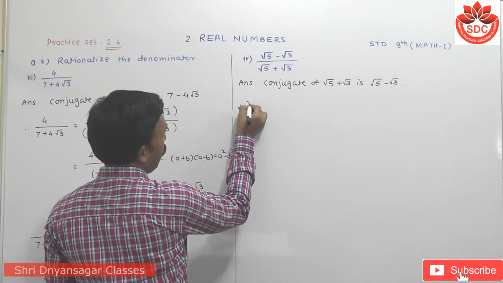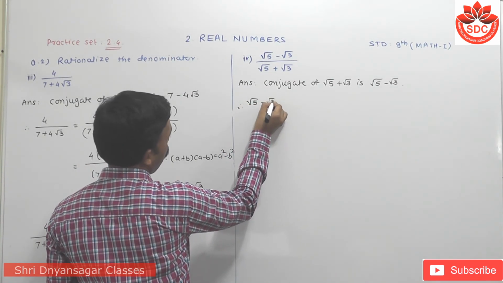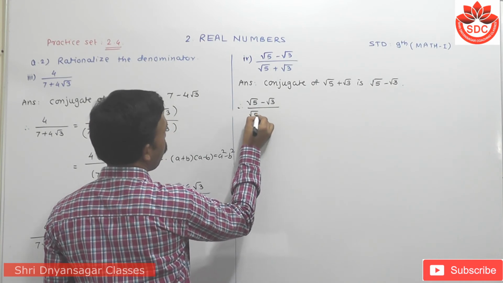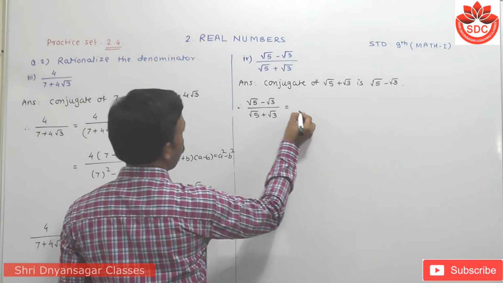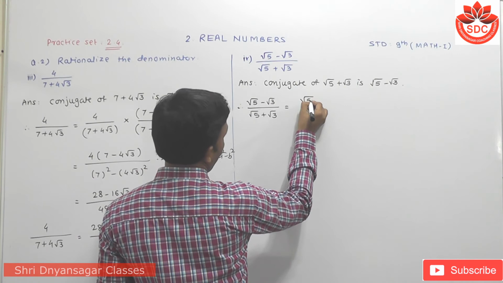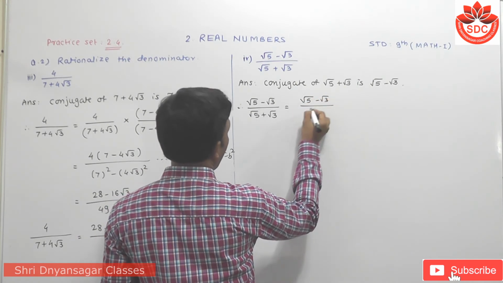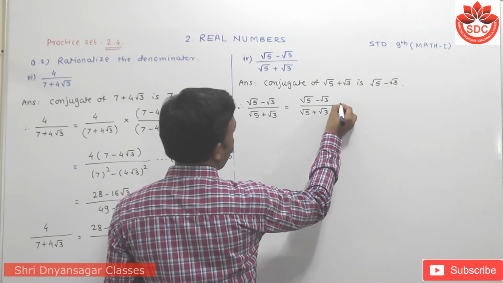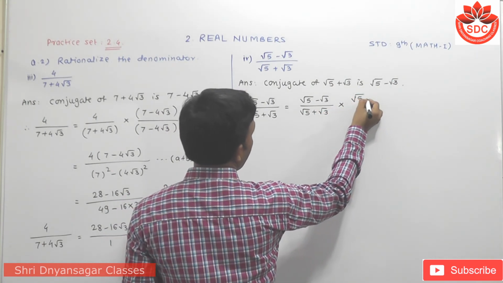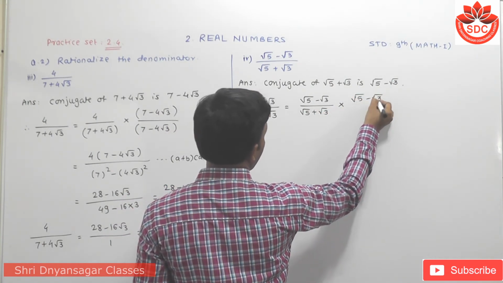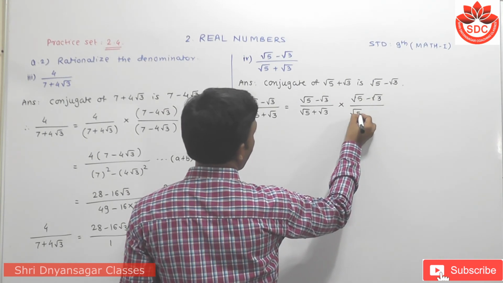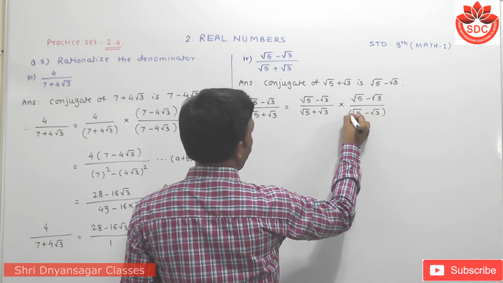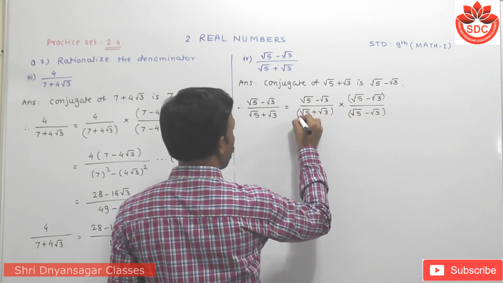We get, therefore, root of 5 minus root of 3 upon root of 5 plus root of 3 is equal to, first I will write root of 5 minus root of 3 upon root of 5 plus root of 3, into multiply its rationalizing factor, root 5 minus root 3 upon root 5 minus root 3. I have taken brackets for each value.